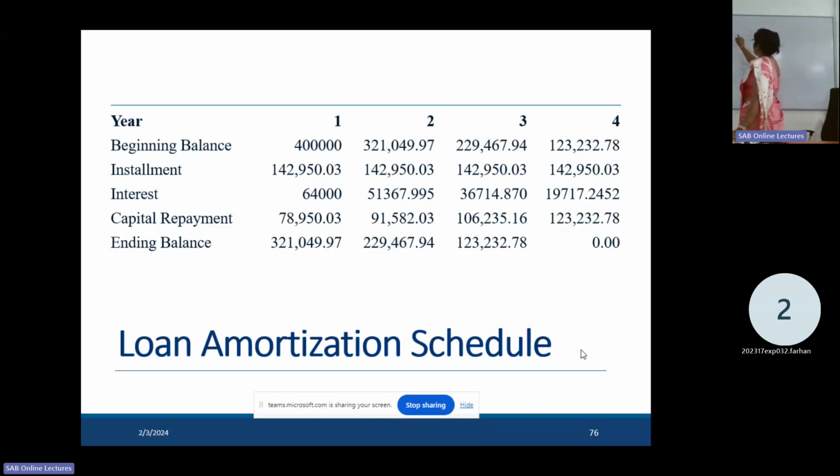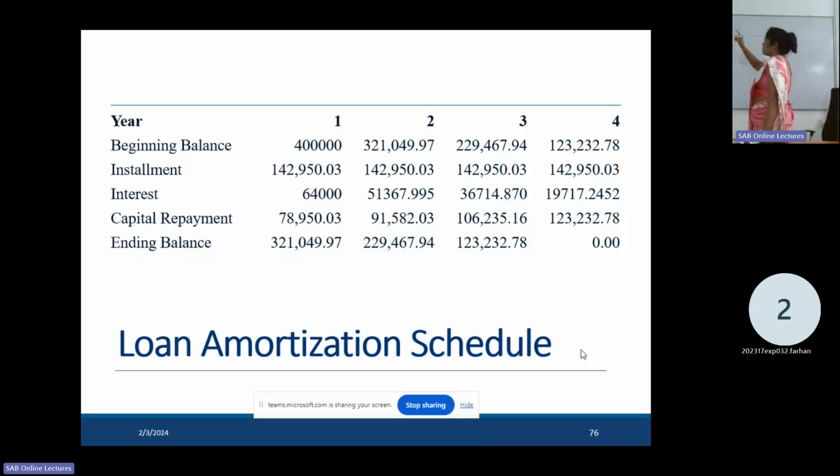If you want to calculate the outstanding balance at the end of year 2, you can apply the present value of annuity formula. You know what that is: 142,950 into 1 minus 1 plus R, so that is 1.160. I want to calculate the outstanding balance at the end of year 2. 2 more years are there for the loan.